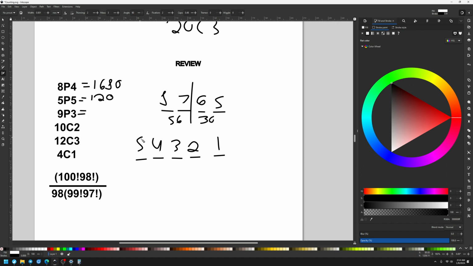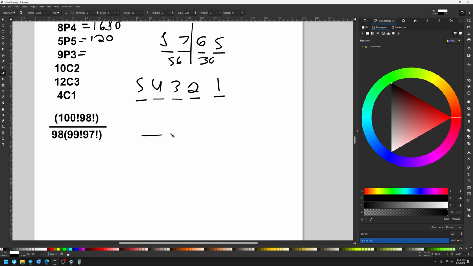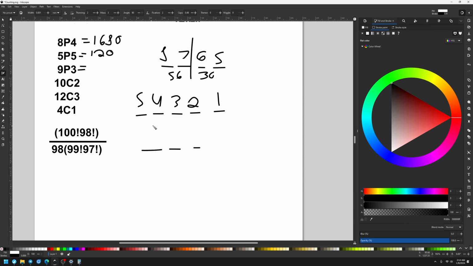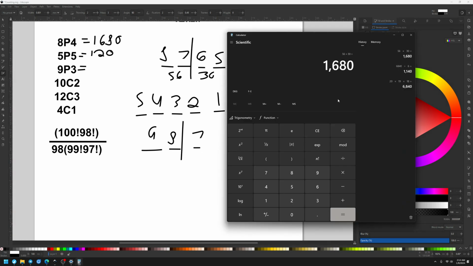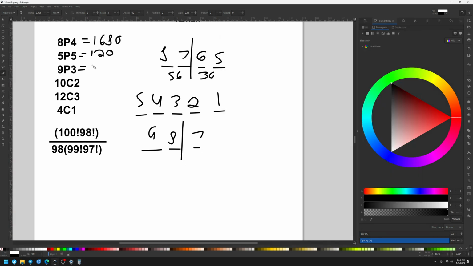Now for 9 permute 3, we have 3 slots, 9 choices for the first, 8 for the second, and 7 for the third. So 72 times 7 is 504. So 9 permute 3 is 504.